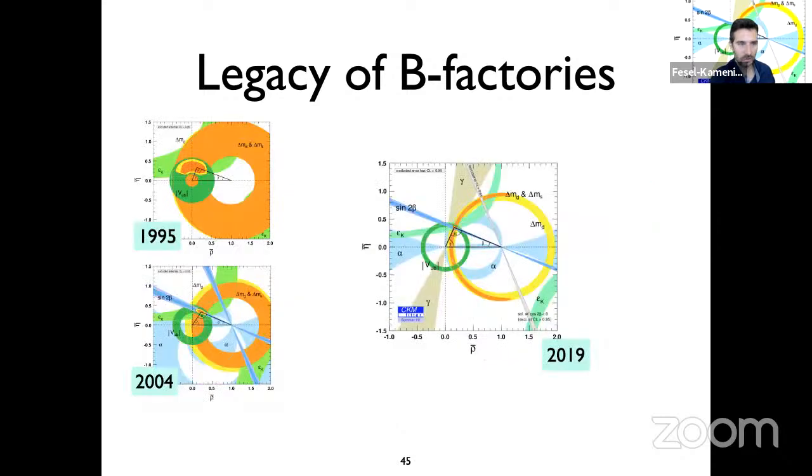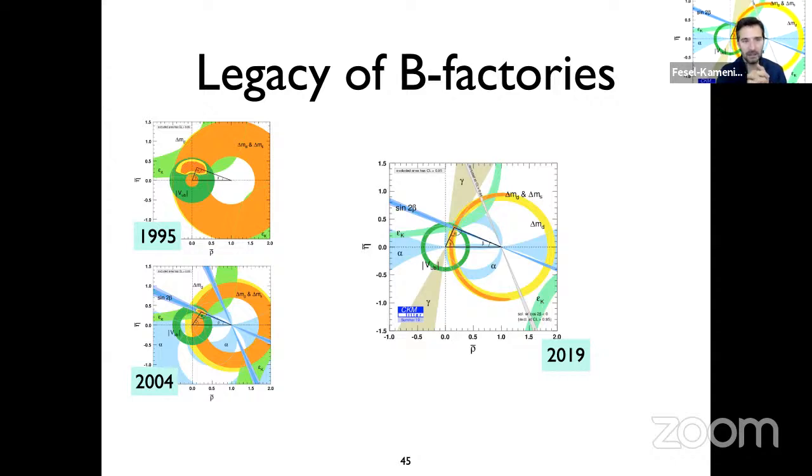And to appreciate the progress, I put here a time series of these constraints in the rho bar eta bar plane. So the first one is a history plot from 1995. So this is before the B factories.